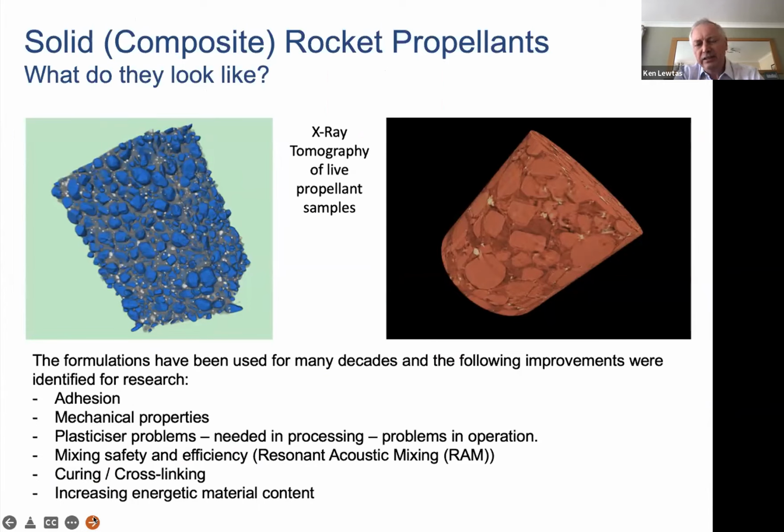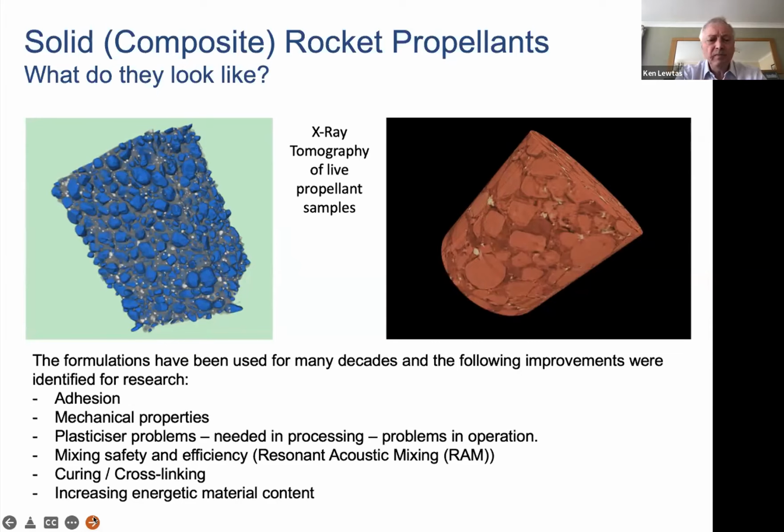And the one on the right is from a much larger sample, but a circular cross-section cut out mathematically of this. And the particles are supposed to be spheres, and as you can see, they're not. But there are many, many things that we needed to look at here in terms of trying to make improvements.